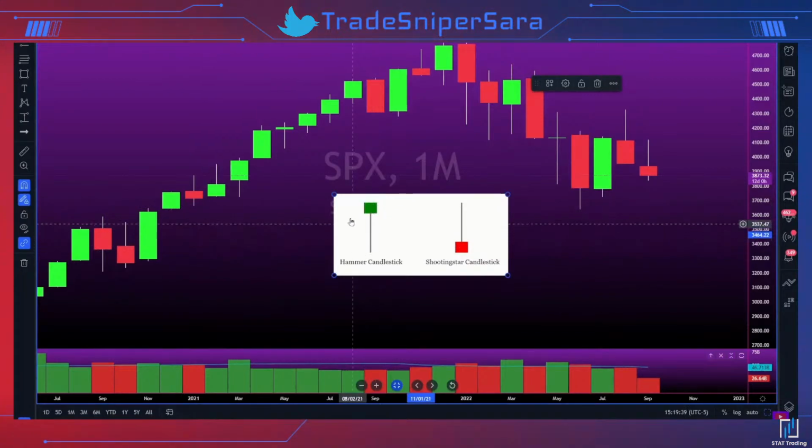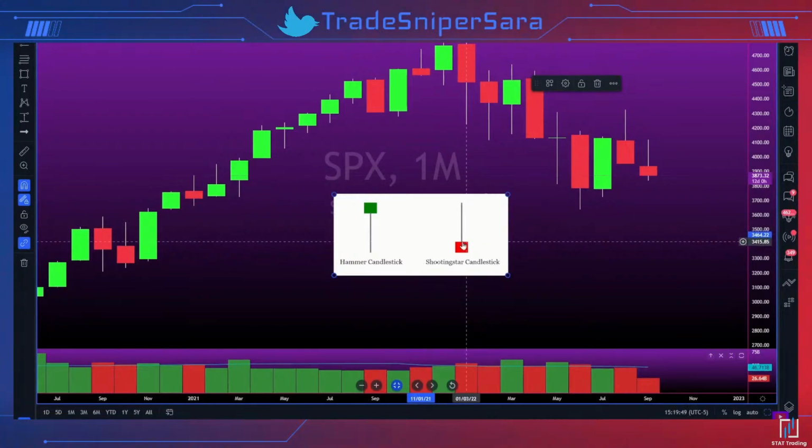So this is a bullish candlestick, and vice versa for the bearish shooter. The shooter opened here, traveled all the way up to here in this candle's life, and then they started selling it off. So it closed down here.